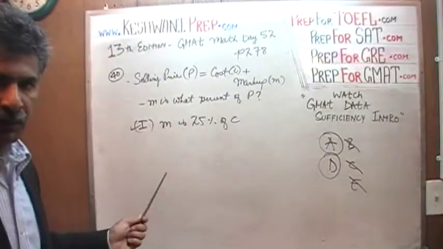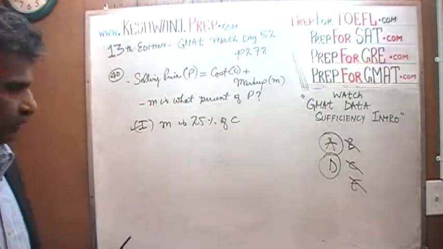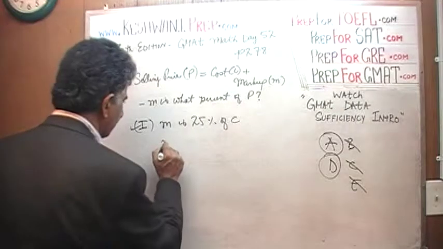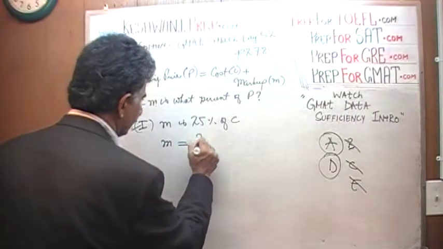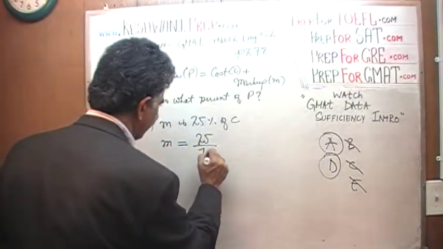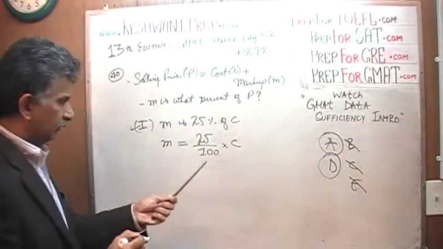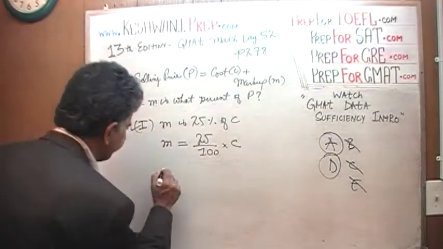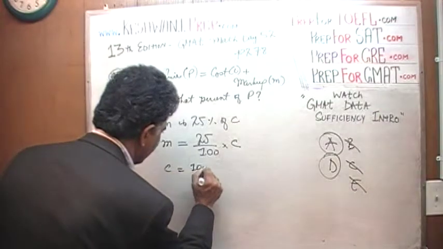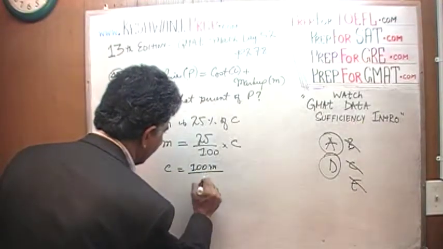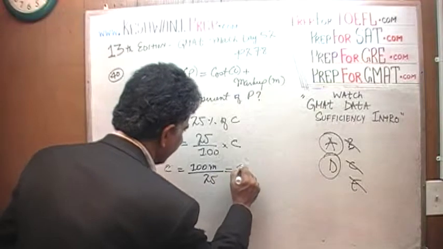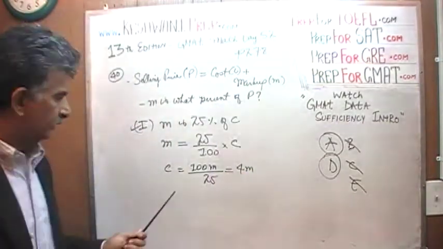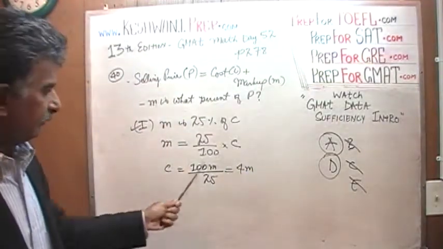Just to satisfy our curiosity and for learning purposes, we're going to actually do it out. It's very quick, very simple. Markup is 25 over 100 of C. Solve this equation for C: C equals 100 times M over 25, which is the same as 4 times M. In other words, the cost of the item is 4 times the markup.